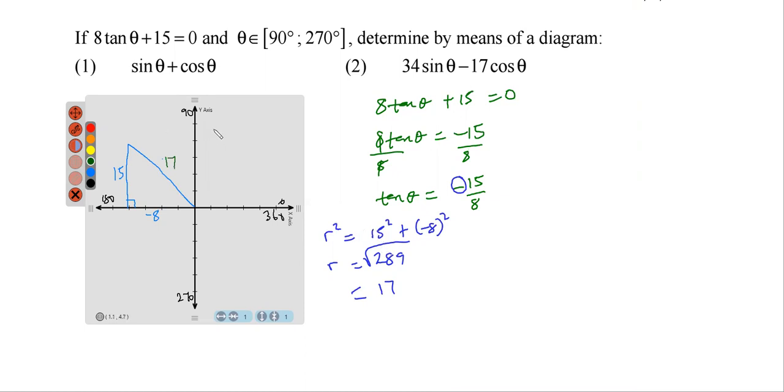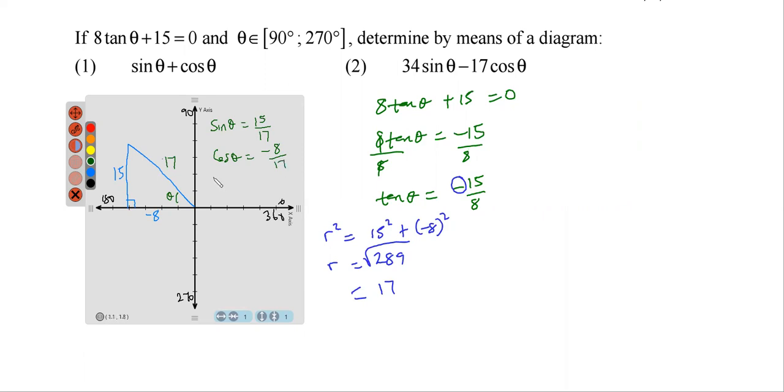Now we've got all three sides. Let's express our trig functions here. Let's start with sine. Sine theta equals opposite over hypotenuse. It's going to be 15 over 17, positive there. What about cos theta? Cos theta equals adjacent over hypotenuse, which is -8 over 17.